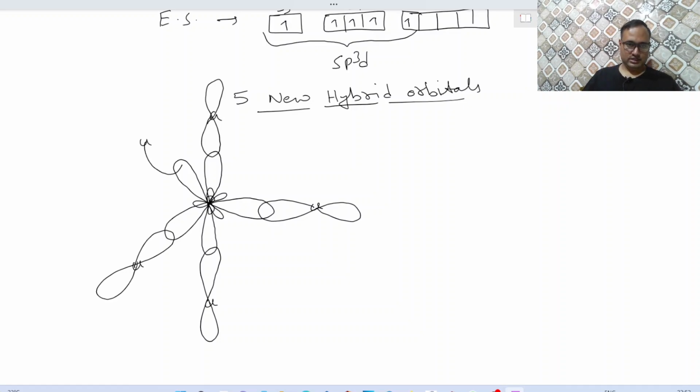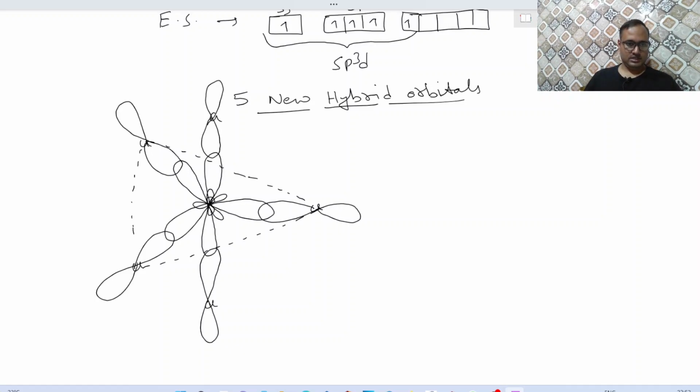This one is also at the equatorial plane. So three chlorine atoms are present at the equatorial position and two are present at axial positions, one above the plane, one below the plane. So there are two types of bond angles: this is 120 degrees and this bond angle is 90 degrees.